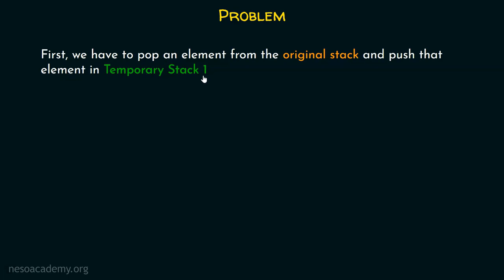This is the original problem. Actually, we have to pop an element from the original stack and we have to push that element onto temporary stack 1. Now you might think, what is the problem behind this? Actually, we have to perform the push operation on temporary stack 1, but we know that push function will always receive the top pointer and not the top 1 pointer. This is the main problem, right?